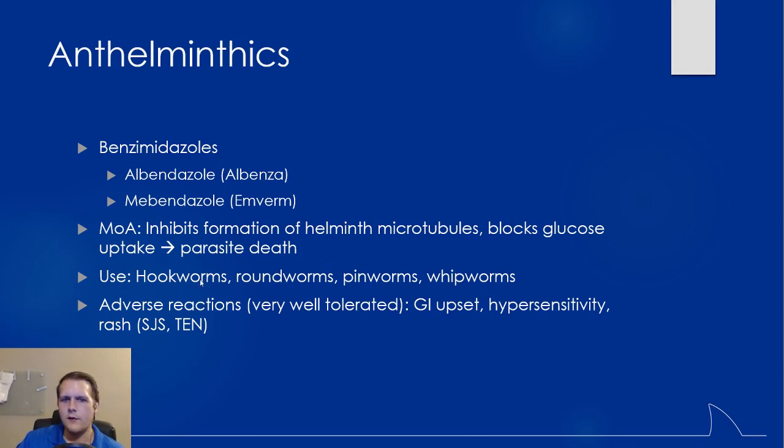And so you can use this for things like hookworms and roundworms and pinworms, all these sorts of things. Nice thing about this is it's very well tolerated. Not a lot of issues here, because again, a lot of times this is in pediatrics we're having to use these agents. But you can see some hypersensitivity as a risk, and rash could be a problem here, which could include things like Stevens-Johnson syndrome and toxic epidermal necrolysis. However, it's pretty rare.